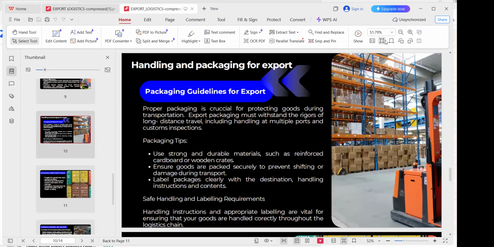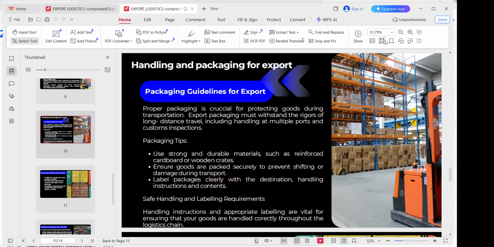Handling and packaging for exports. Proper packaging is crucial for protecting goods during transportation. Export packaging must withstand the rigors of long-distance travel, including handling in multiple ports and customs inspection. There are packaging tips for export. You have to use strong and durable materials such as reinforced cardboard or wooden crates. Two, ensure goods are packed securely to prevent shifting or damage during transport.